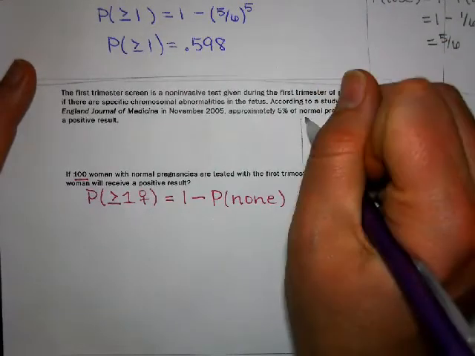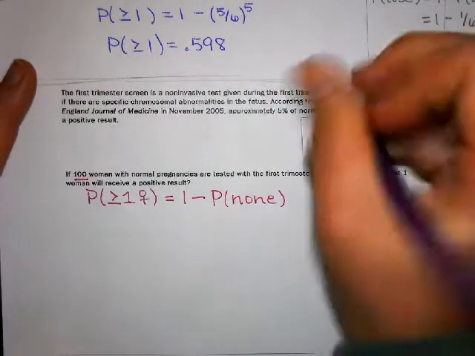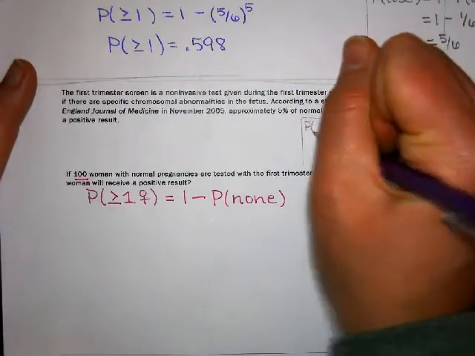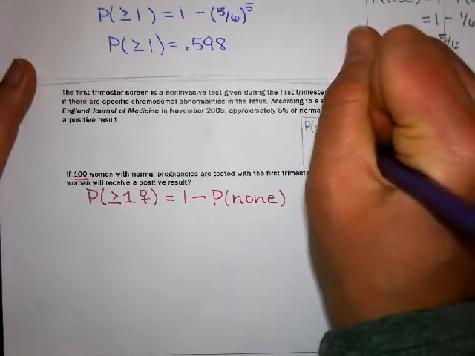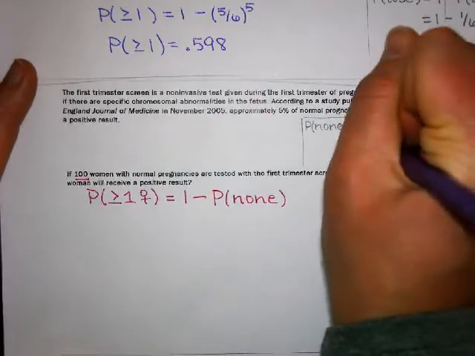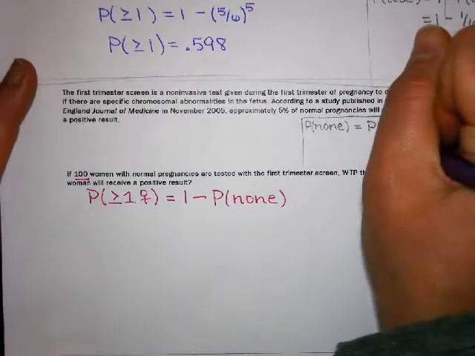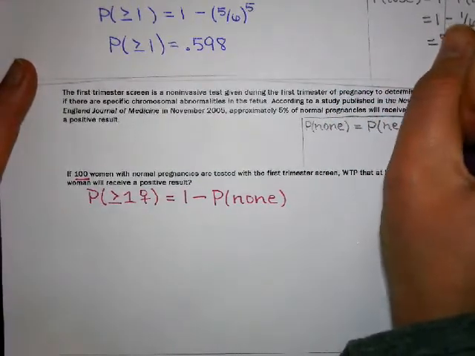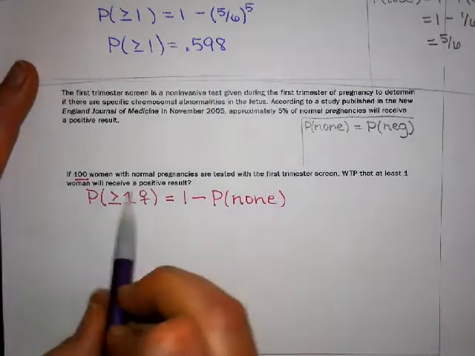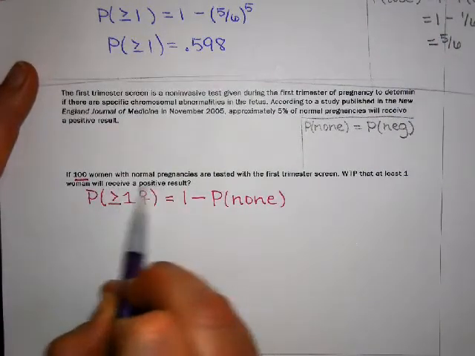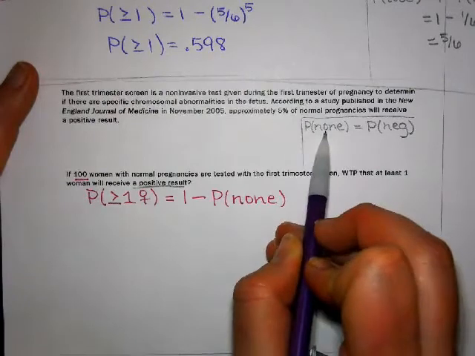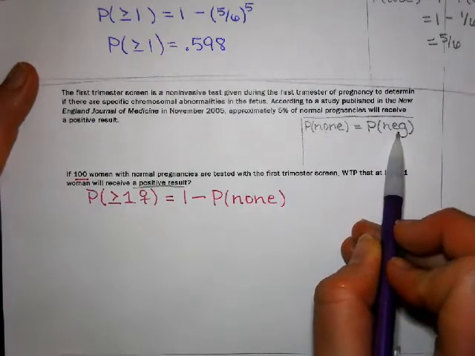So the probability of none is equal to the probability that they all get negatives, because it's what's the probability at least one gets a positive result. So none of them get a positive means they all get negatives, and there are 100 of them.